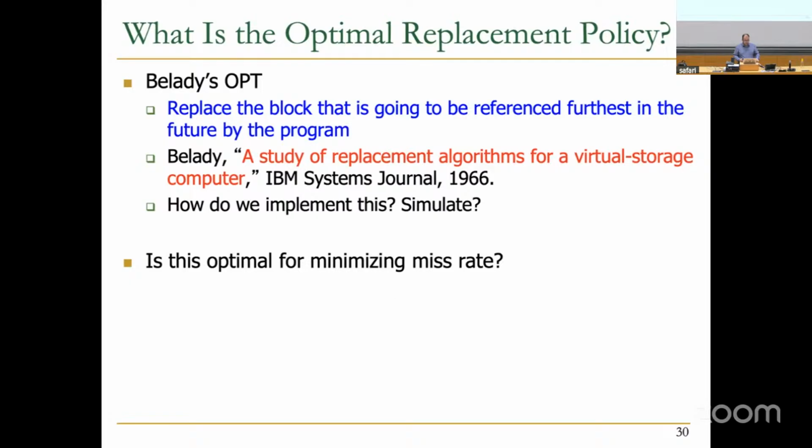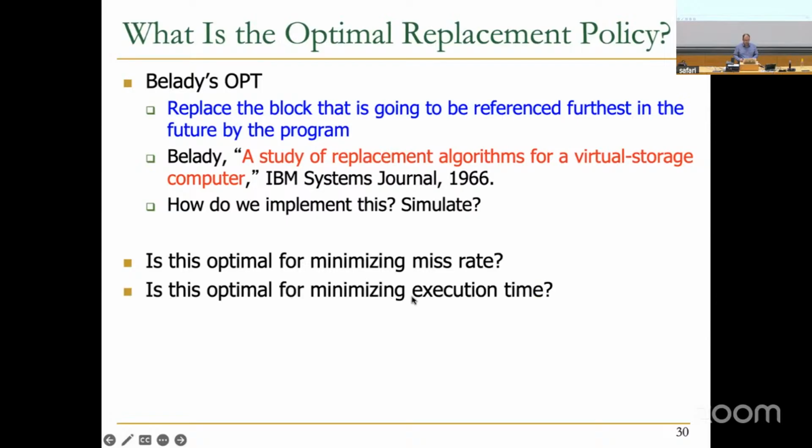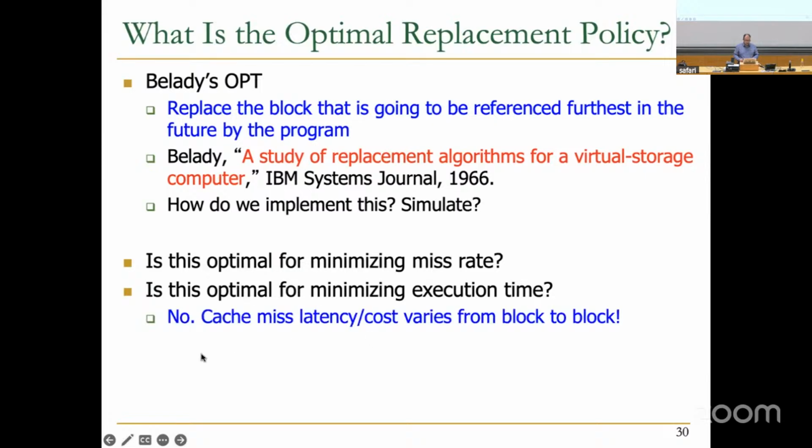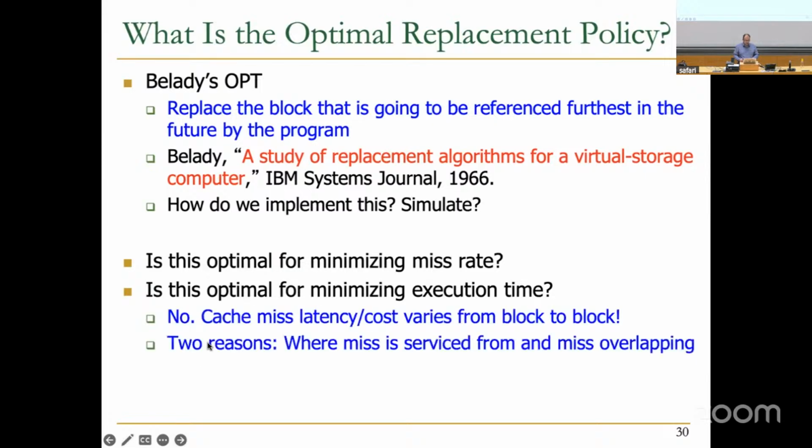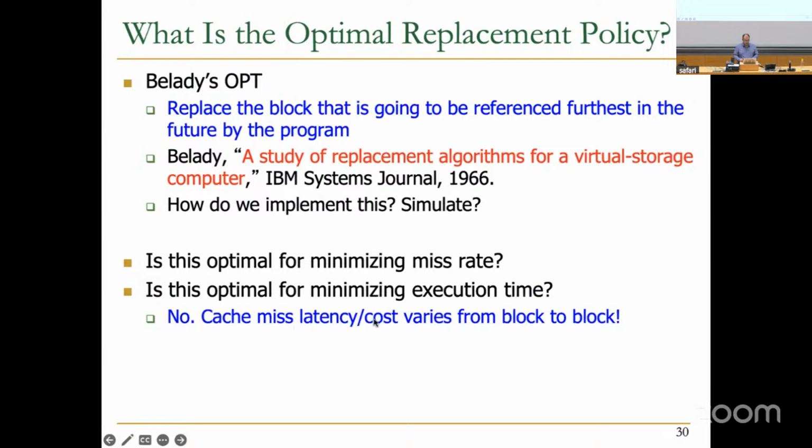Okay, so Belady's is basically optimal for minimizing miss rate. The answer is yes. But is it optimal for minimizing execution time? The answer to that is no, because, as we're also going to see later, cache miss latency and cost vary a lot from block to block. So you don't pay similarly for different misses. Partly, when you miss in L1, you might hit in L2 for some block.